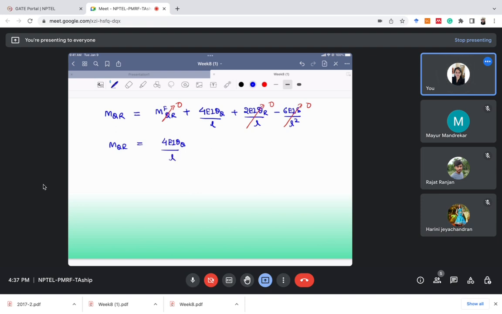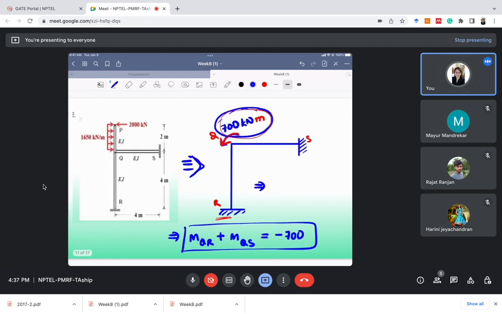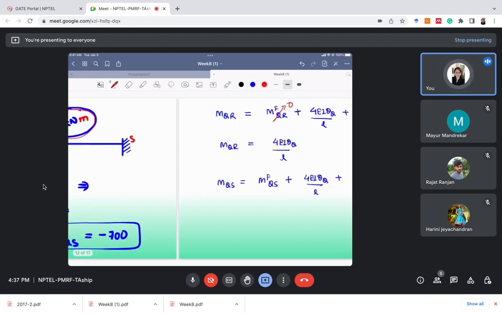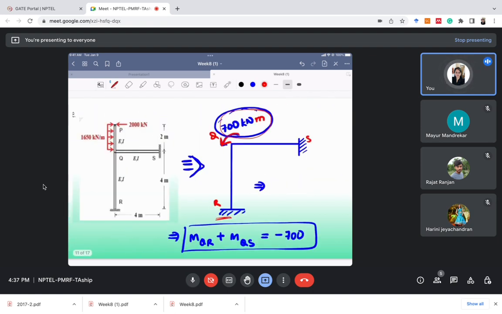Very simple. Now we can find MQS. MQS is again the same equation: MFQS plus 4EI theta Q by L plus 2EI theta S by L minus 6EI delta over L square. Just quickly remove every extra term. Is there any external loading in span QS?